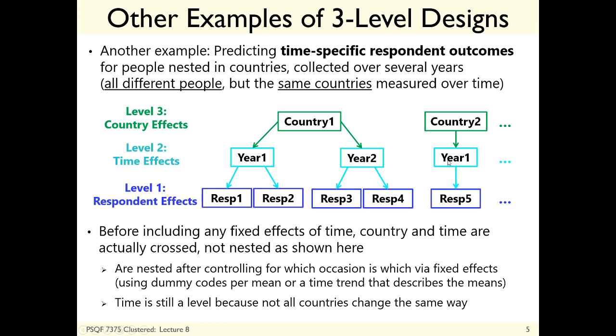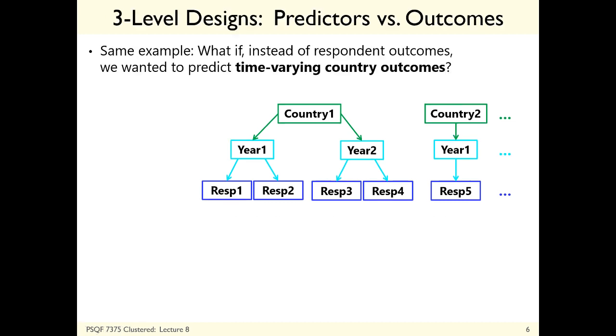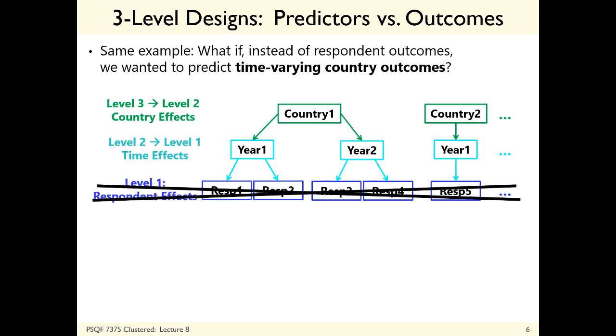So whether or not you could actually treat this design as 3-level depends on what level your outcome is. So if you have time-varying country outcomes, respondents are irrelevant. They're gone.